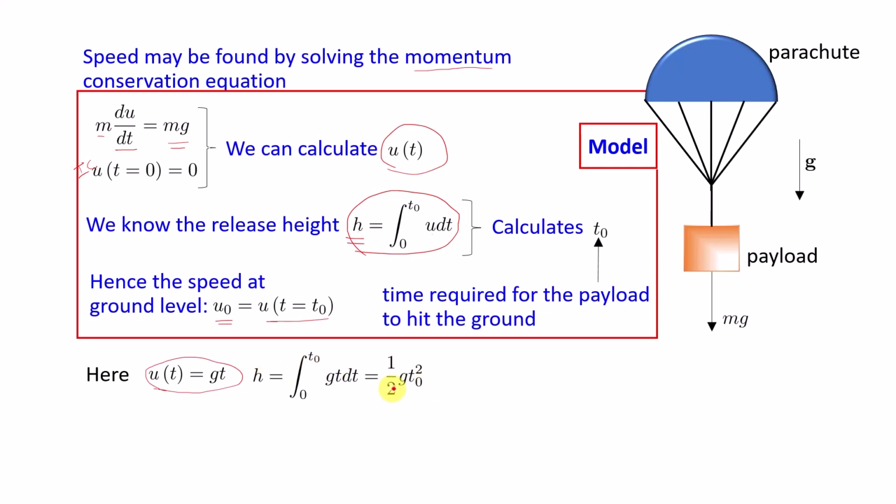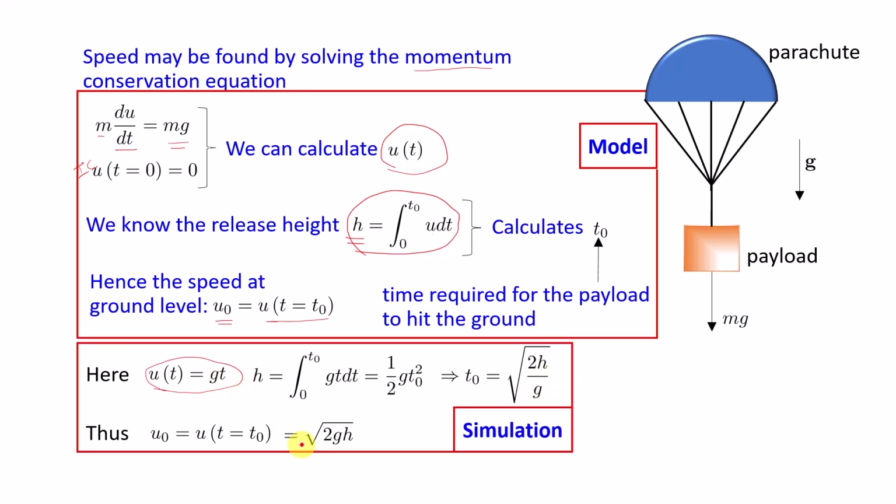Now we know h, so t0 is root over 2h by g, which gives us u0 equals u at t equals t0, which is root over 2gh, because this is g multiplied by root over 2h by g, which is root 2gh. And this is our simulation result.